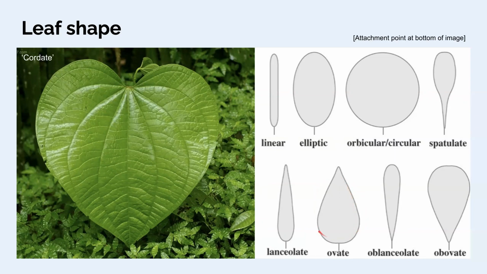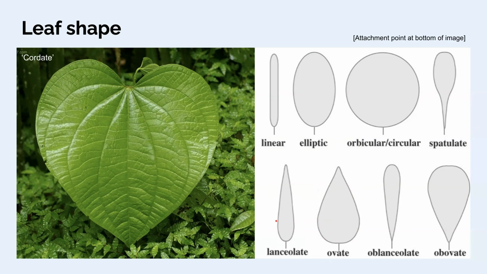And eggs, chicken eggs, are fat on one side and skinnier on the other. So the fattest part of this ovate leaf is toward the base of that leaf. The fattest part of the elliptic leaf is at the middle. So elliptic is symmetrical in 2 dimensions. Ovate is asymmetrical in this dimension, fatter towards the base.